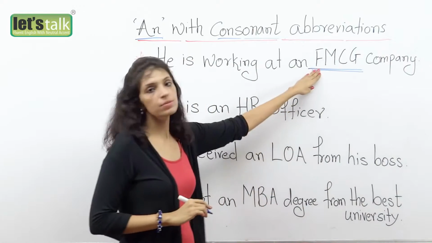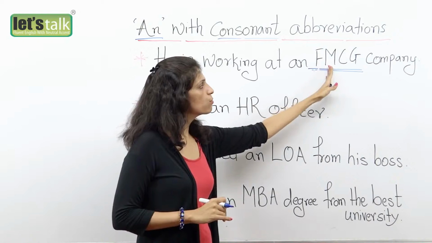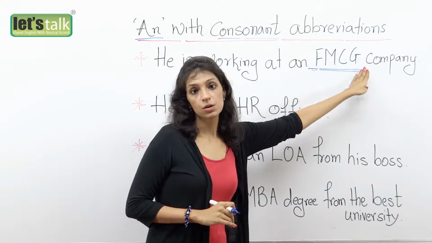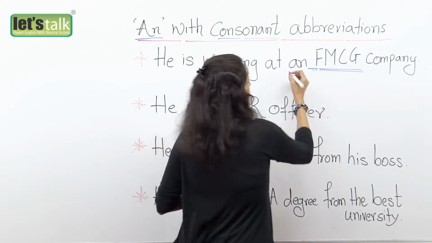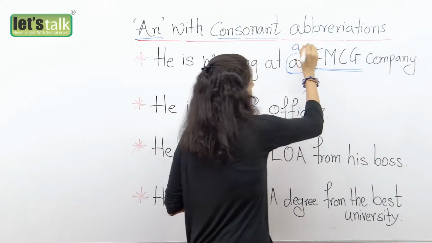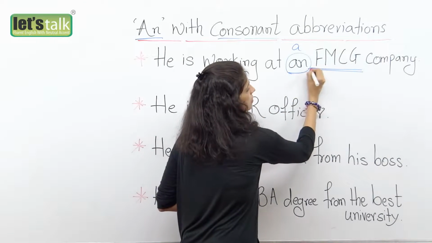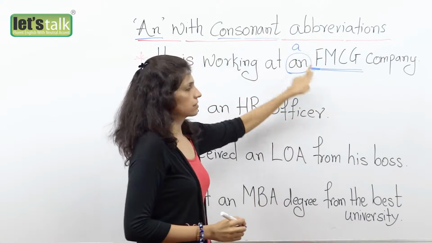Now, FMCG is an abbreviated form of fast moving consumer goods. But why do I need to use an and not a? Why do I need to use an even though it is starting with a consonant?